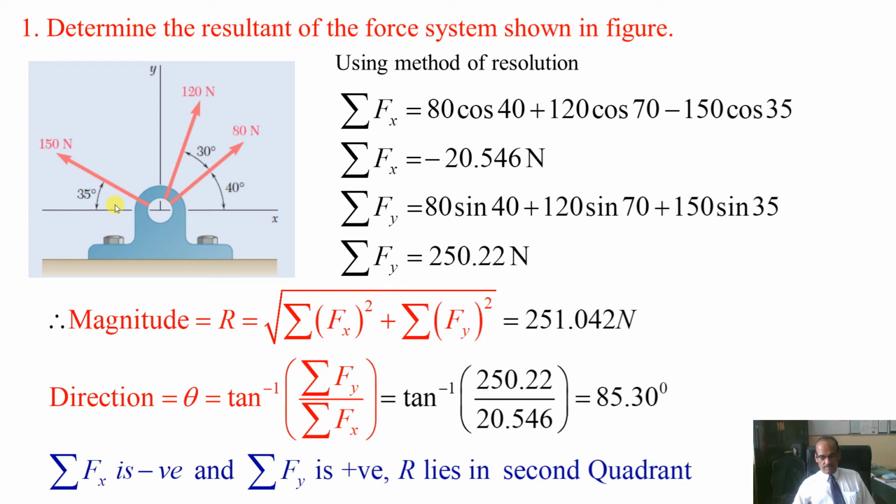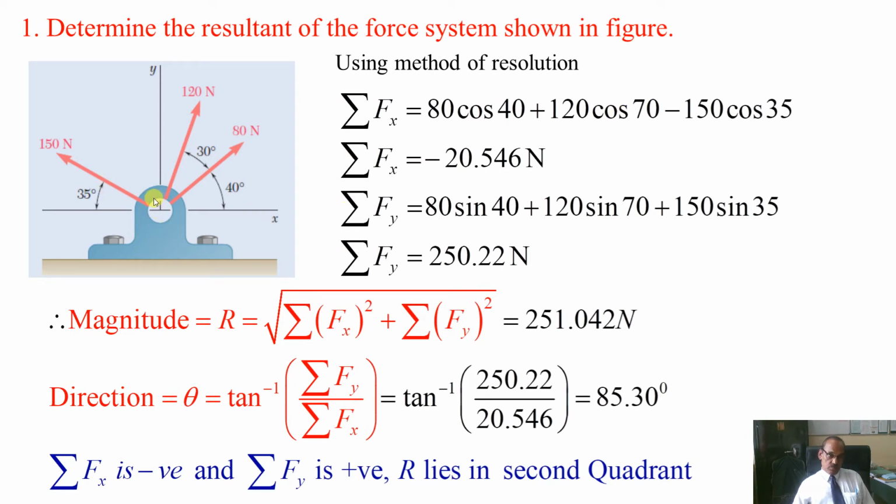Remember. So let us resolve these forces. First let us calculate summation of Fx. If I take the 80 Newton force, it is acting away from the point, and that's why the component will be acting towards the positive x-axis like this. So 80 cos 40. Now this one is also acting away from the point, so the component will be acting to the right: 120 cos 70, 40 plus 30 is 70.